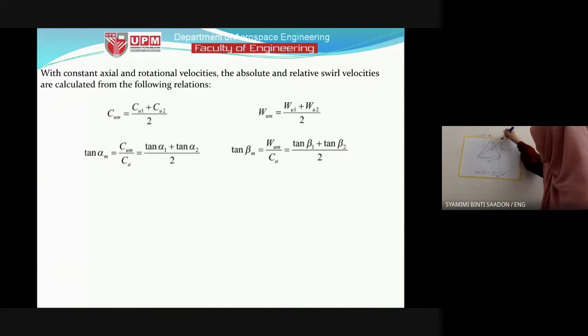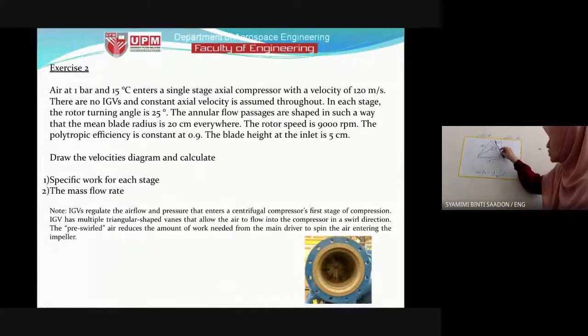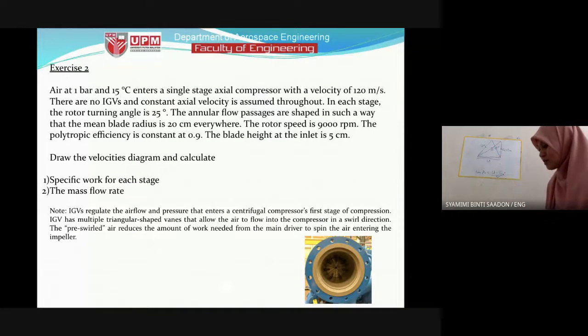CU is in this direction. This is C2, and this is W2. U is the same direction. C2 is in this direction, and then this one is W2.